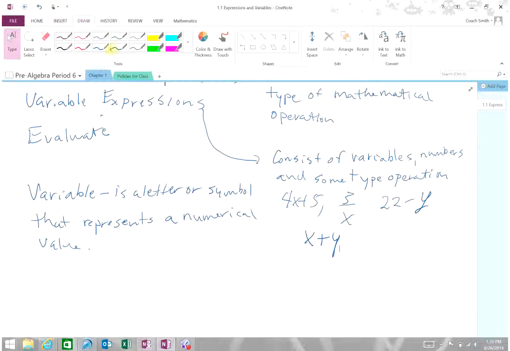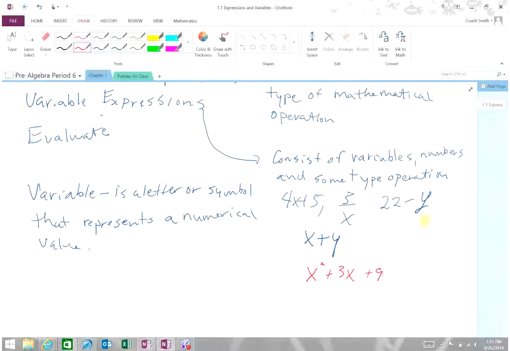Eventually, we'll get to ones that look like this. x squared plus 3x plus 9. That could be a variable expression. All right, it's what we call a trinomial, but it is a variable expression.